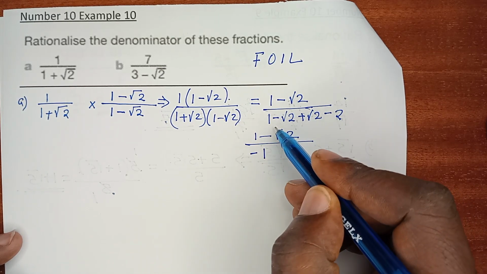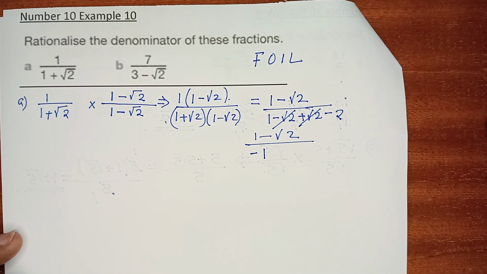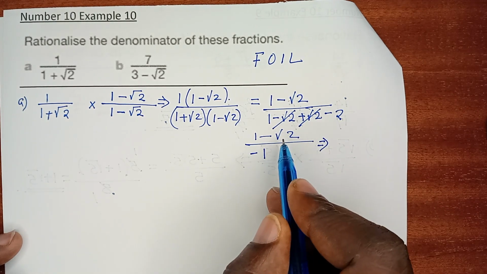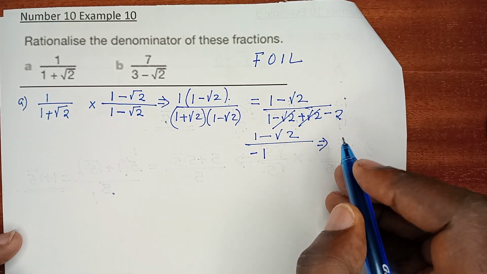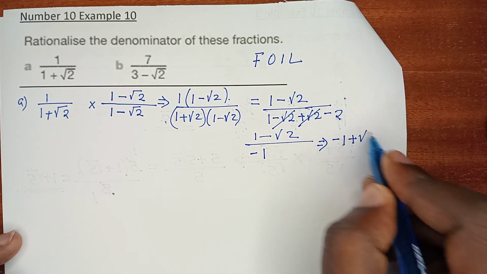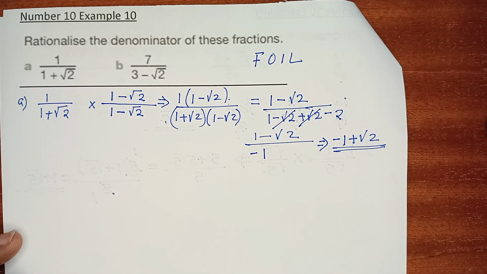And you can see minus root 2 plus root 2 will cancel out. And this is the same as the whole of this numerator divided by negative 1, which is simply minus 1 plus root 2 over 1, which remains that.